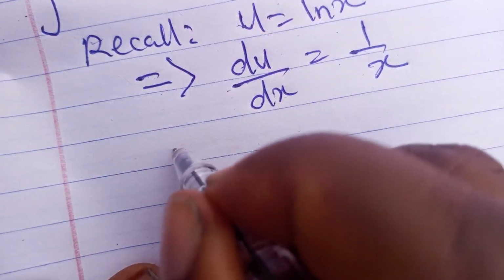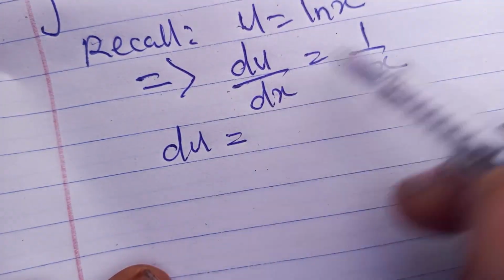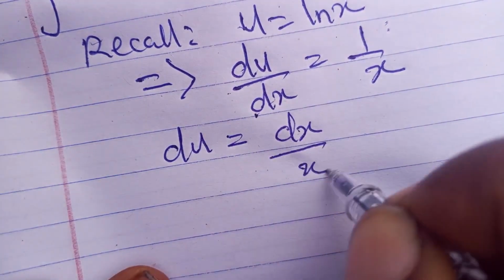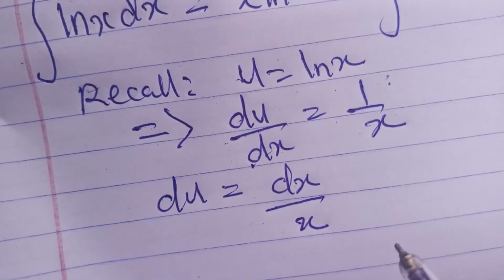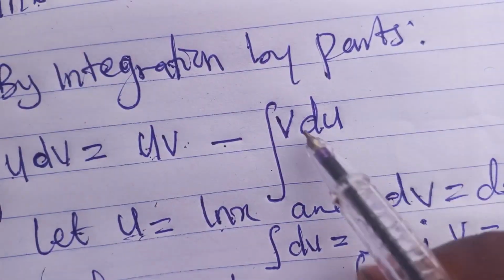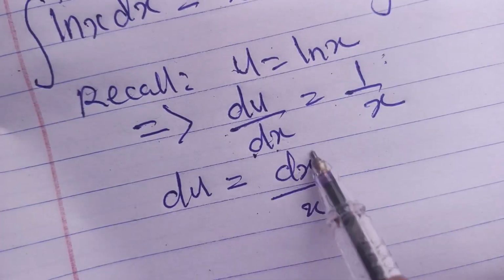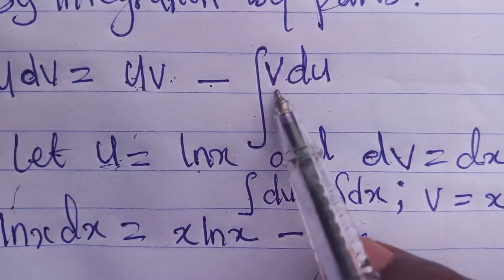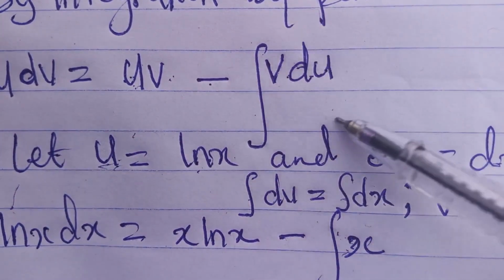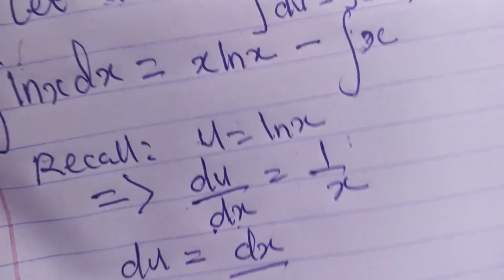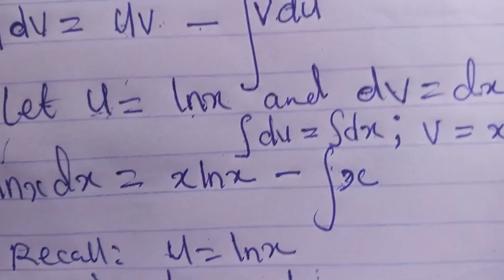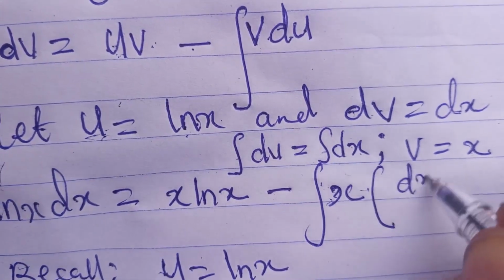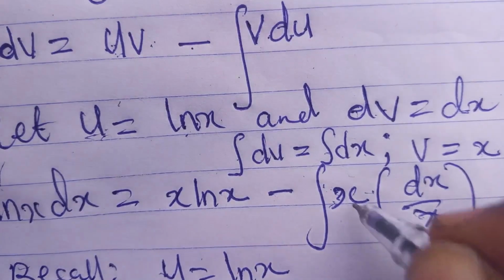So it means that du equals, cross multiply both sides by dx, dx over x. So when looking for du, we're going to replace it with dx over x. So we have x, which is the v, times dx over x. Put dx over x here for du. This cancels out this.